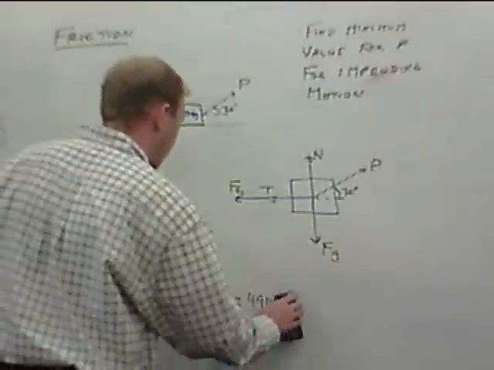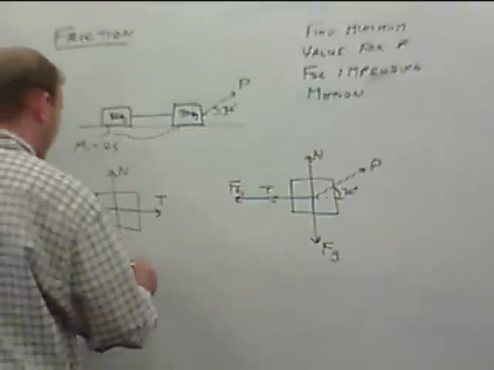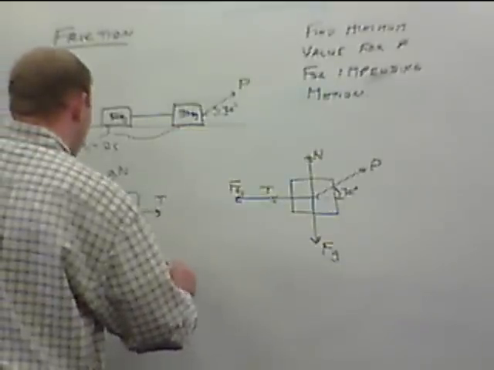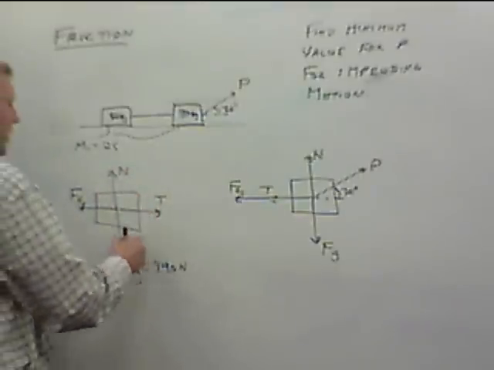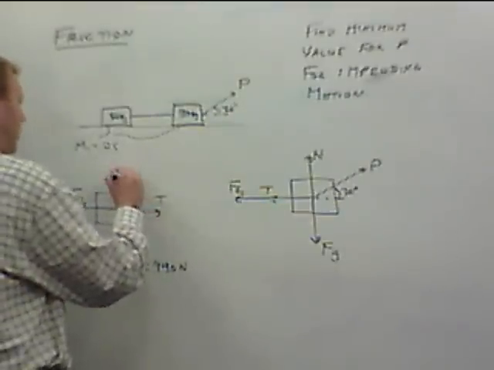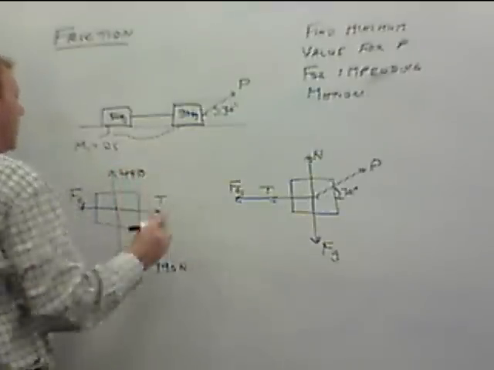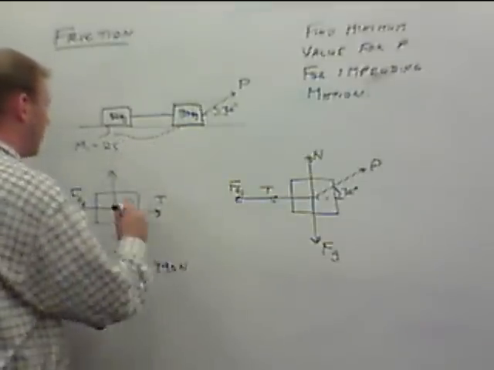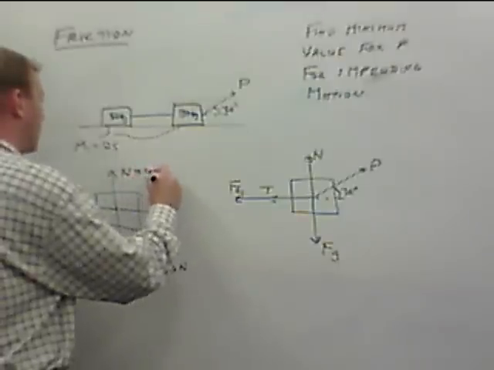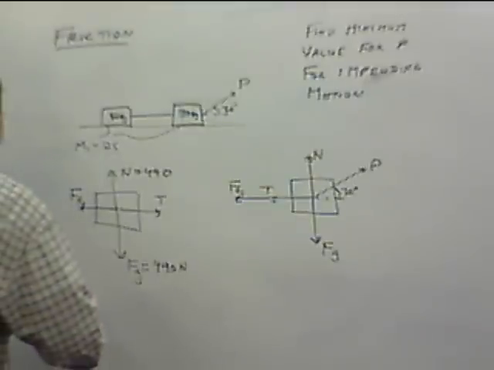So we'll do that. Normal force is going to be equal and opposite of the weight in this case, so this is also going to equal 490.